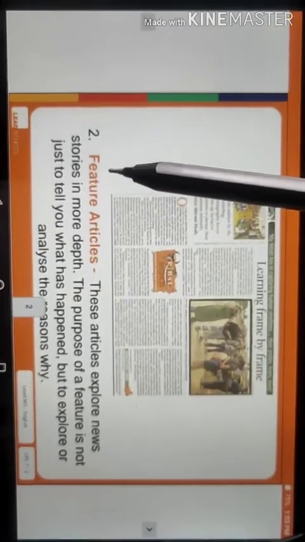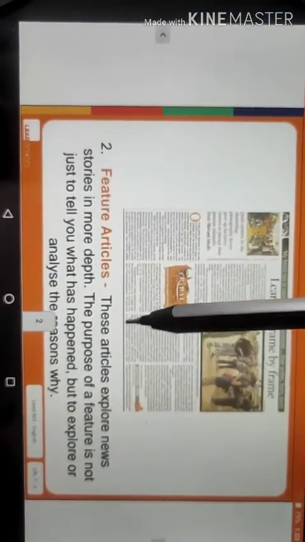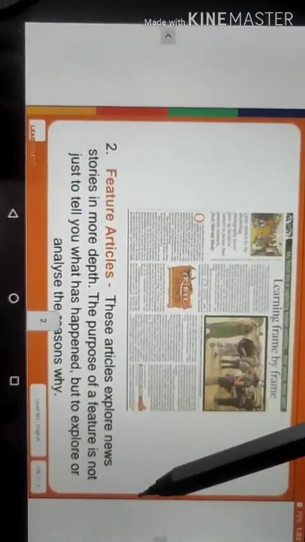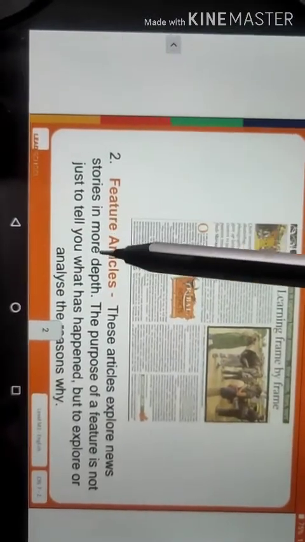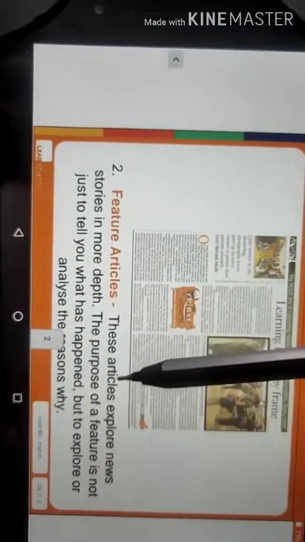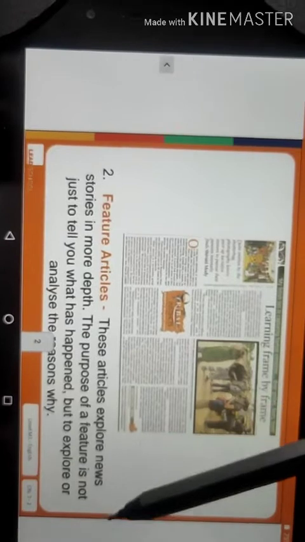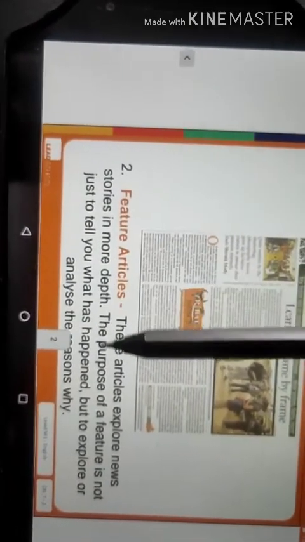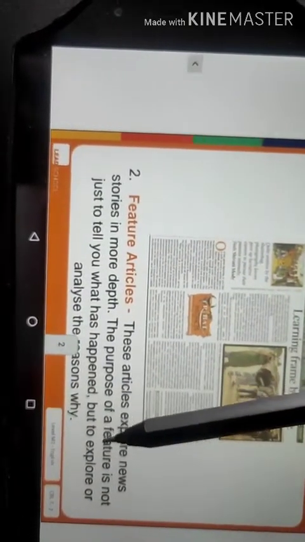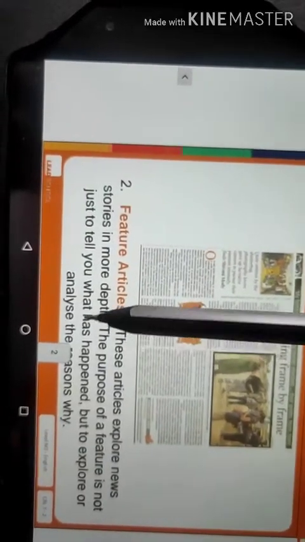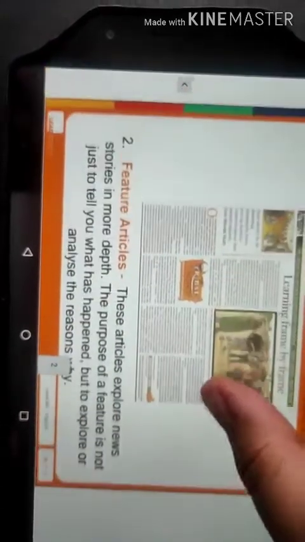Second type of article is feature articles. These articles explore news stories in more depth. The purpose of a feature is not just to tell you what has happened, but to explore or analyze the reasons why.